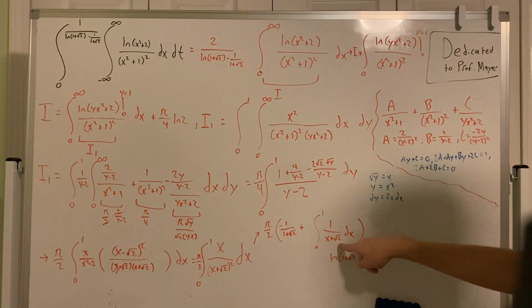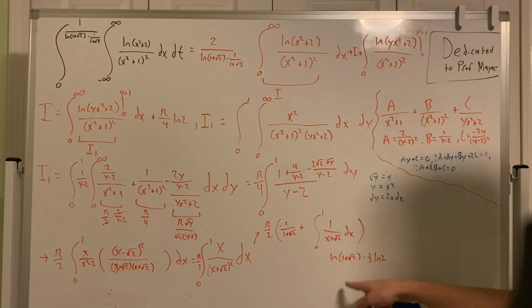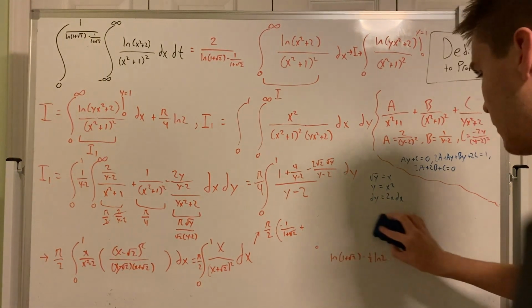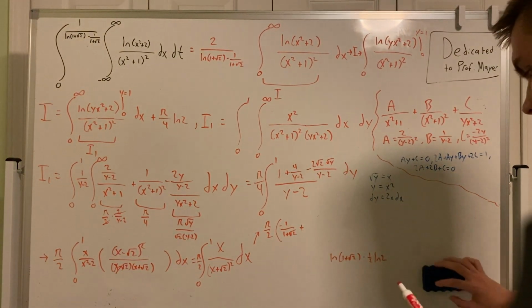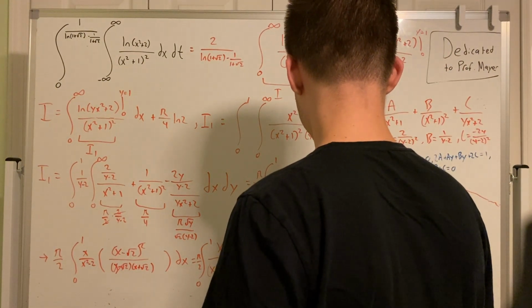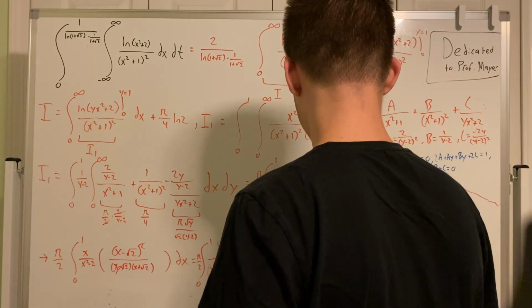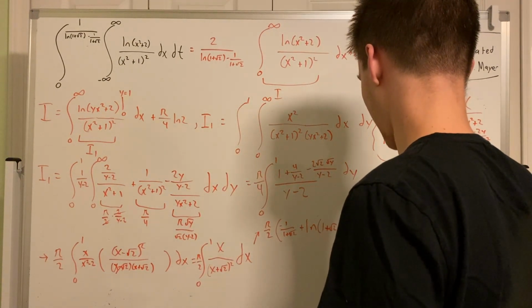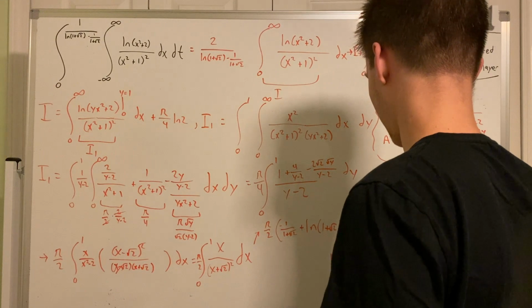Because this is going to be ln of x plus root 2. At 1, it's ln of 1 plus root 2. And at 0 it's just ln root 2, or 1/2 ln 2. Okay, great. So put this in here. Minus 1/2 ln 2. Great.